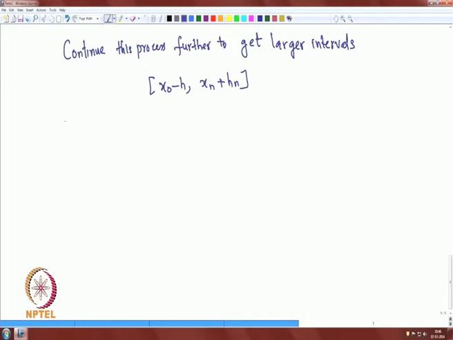So, repeating the process indefinitely, what I have shown is only on the right hand side, the same process can be done on the left hand side.